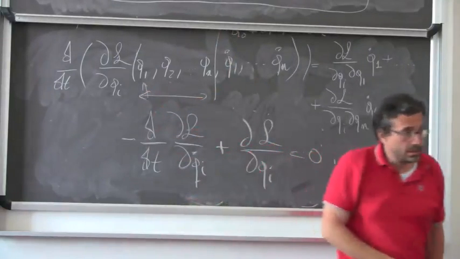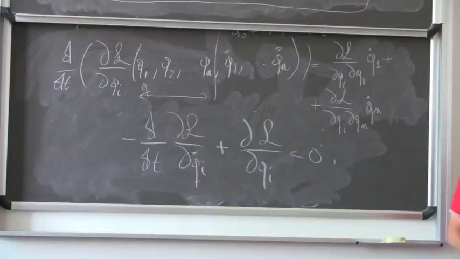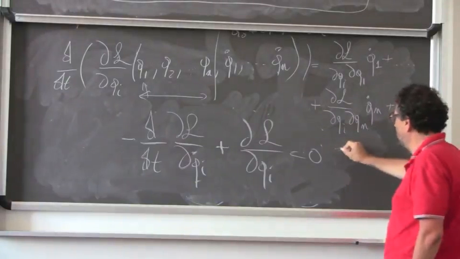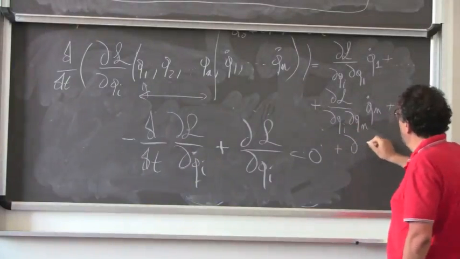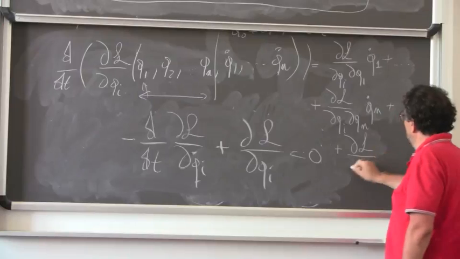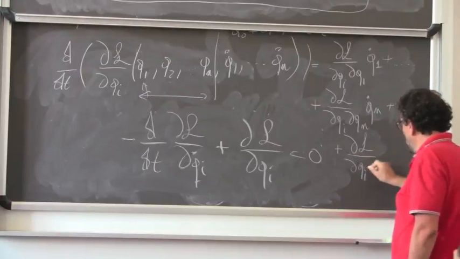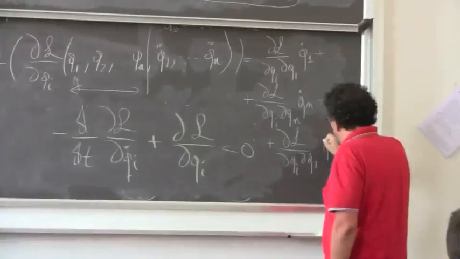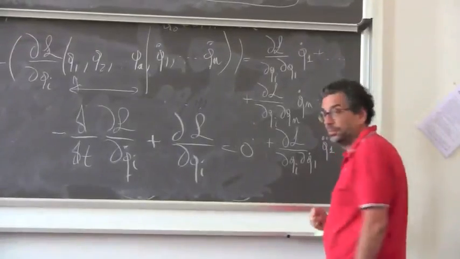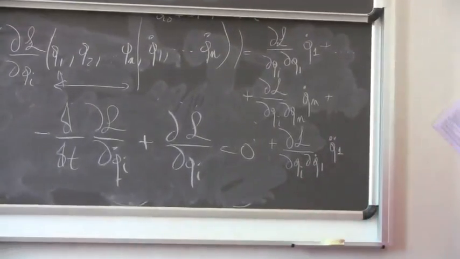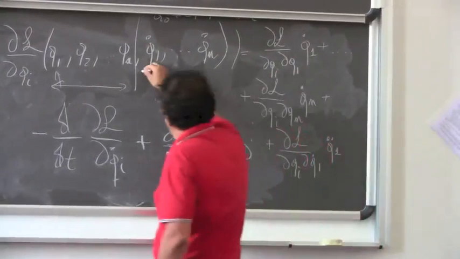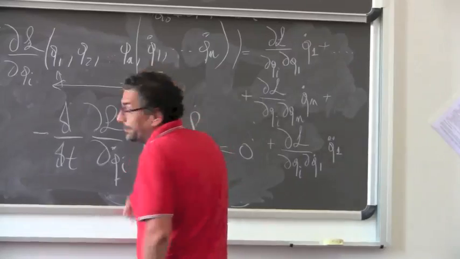Okay? They are not ended. I have also plus the derivative with respect to q dot 1, q double dot 1, which is obtained by calculating this derivative with respect to time.